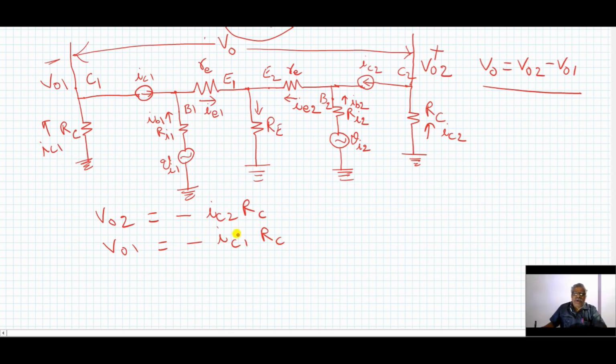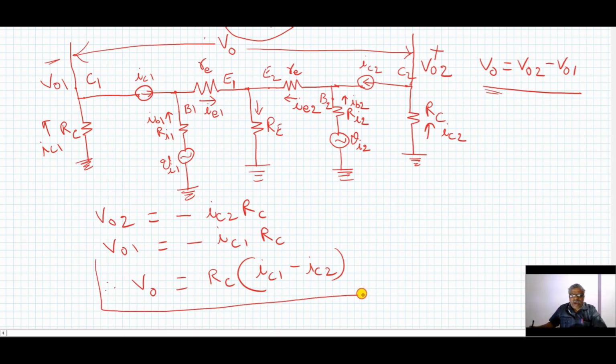So substitute these two in this expression, then we get the expression for final output voltage V0 as minus IC2 RC minus of minus plus IC1 RC, and take RC common, then we get RC into IC1 minus IC2. So the final expression for our output voltage is equal to RC into IC1 minus IC2.